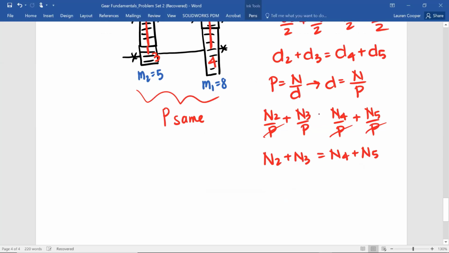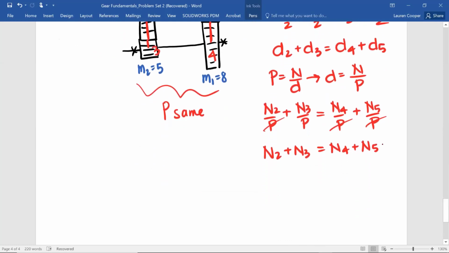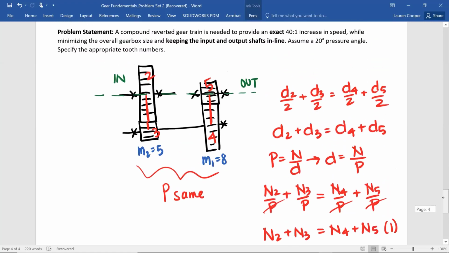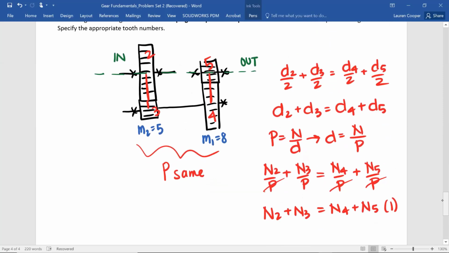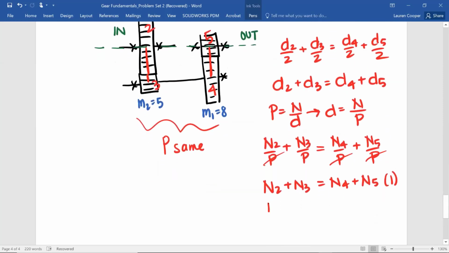This should have been an equal sign. Okay. So we'll call this equation 1. The other equation we have has to do with the gear ratios. So M1 equals 8. So that's going to be N4 over N5. So we'll call that equation 2.